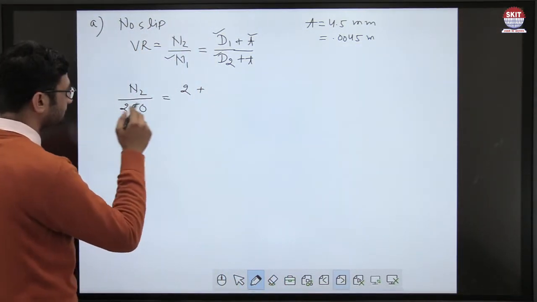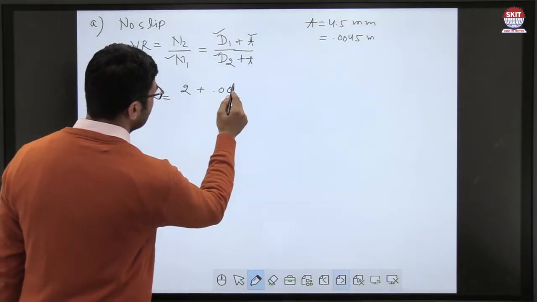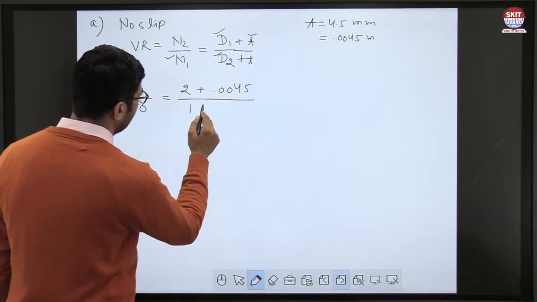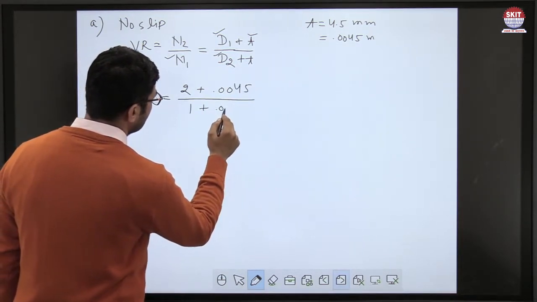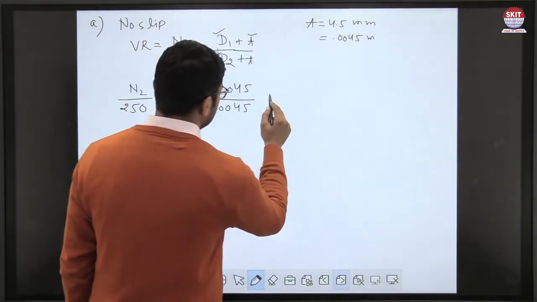So the value of t is 0.0045. The value of D2 is 1 meter plus 0.0045. We solve this.